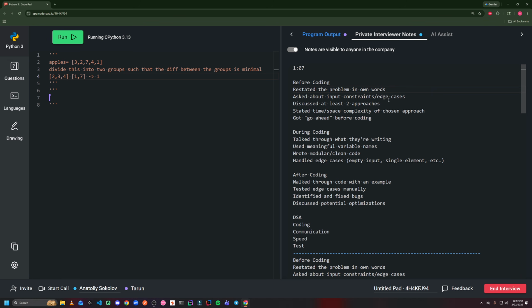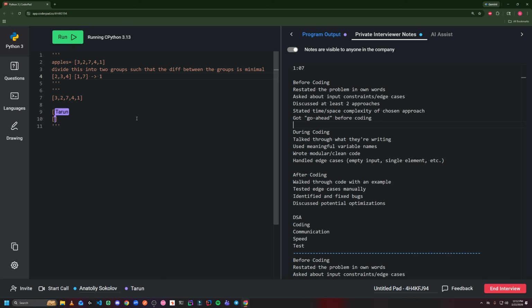Whenever I add it into the first queue, I'm going to check if the already present element is greater than the current apple. For example, we have here 3, 2, 7, 4, 1. Let's consider these two.